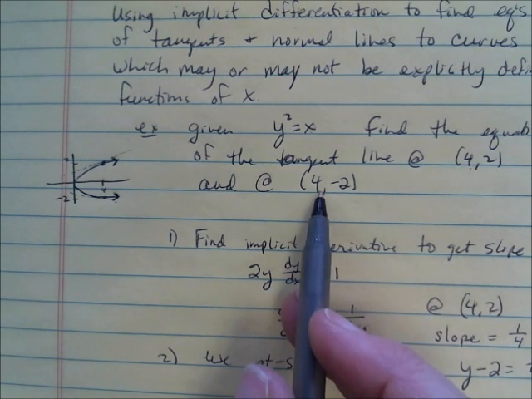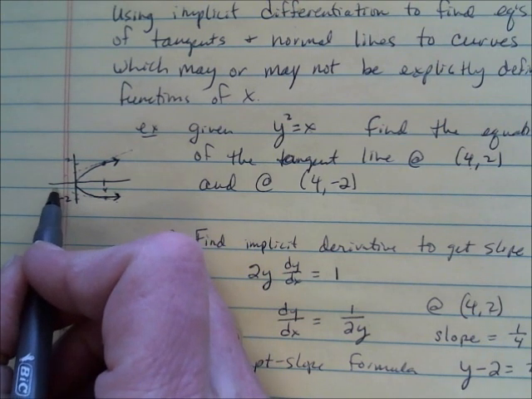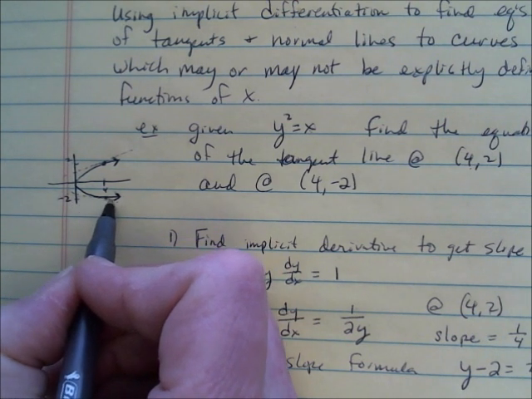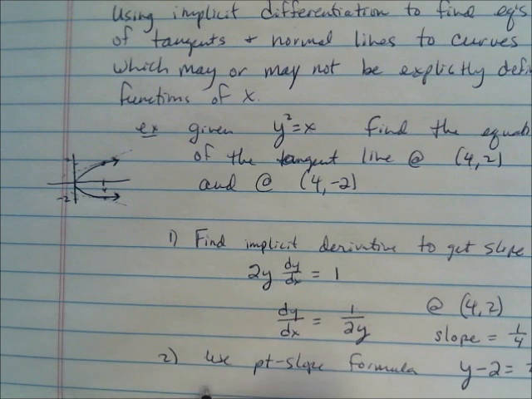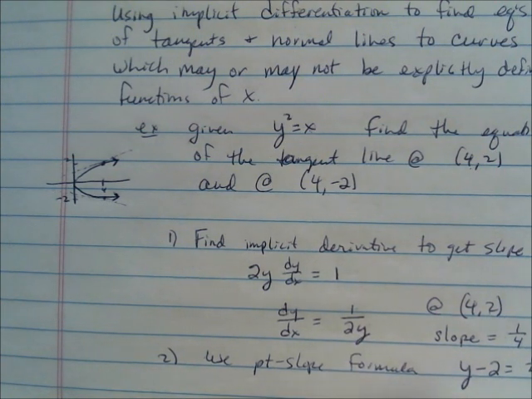And now let's find the tangent line at (4, -2). So down here at (4, -2), it looks like the slope is going to be negative because we're coming the other way. So at (4, -2), the slope is still 1 over 2y, so we can call m, the slope, 1 over 2 times -2, which is -1/4.